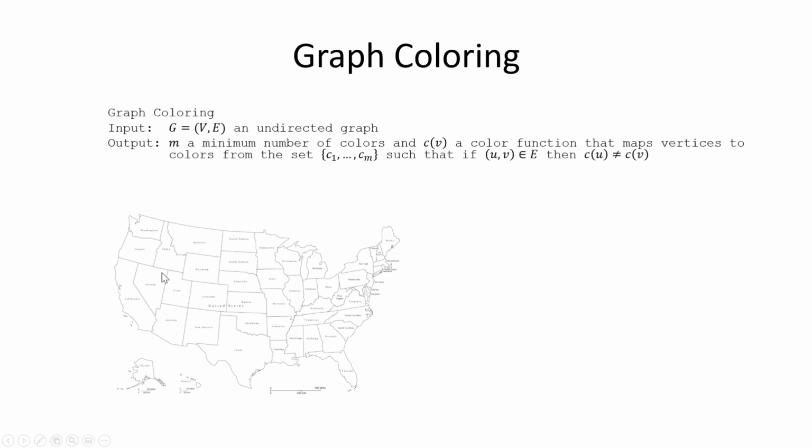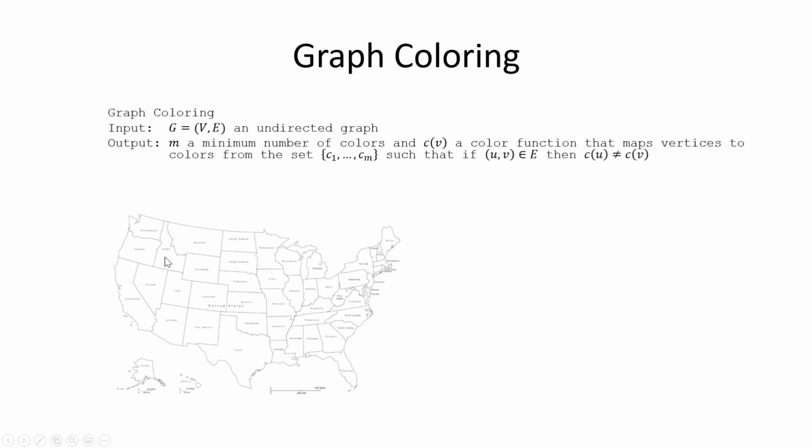So it turns out that this problem again can be turned into a graph problem, where each state is going to be a vertex, and we're going to put an edge to any other state that it has a border with. I live in Washington, so Washington would be connected to Idaho and Oregon.